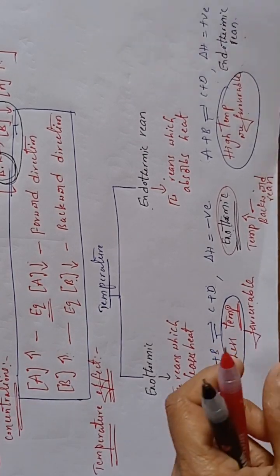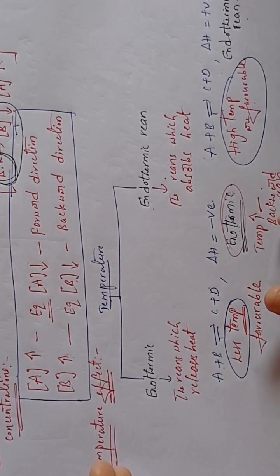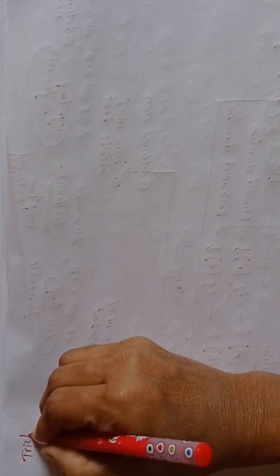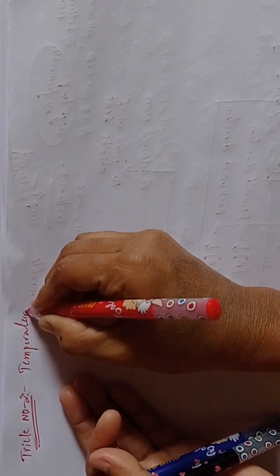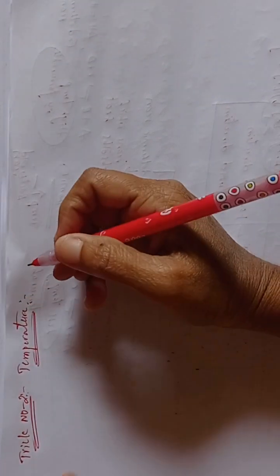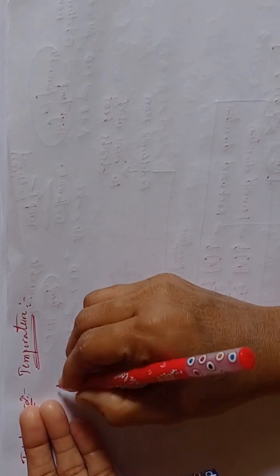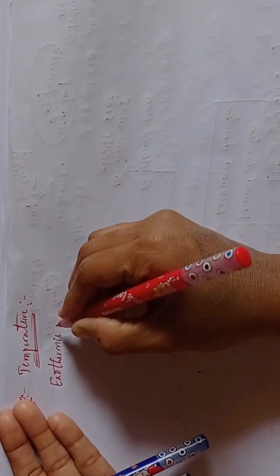Clear, students? Okay, now see the trick box. Trick number 2, based on the temperature effect. Now what is trick number 2? You have to remember these tricks, students.